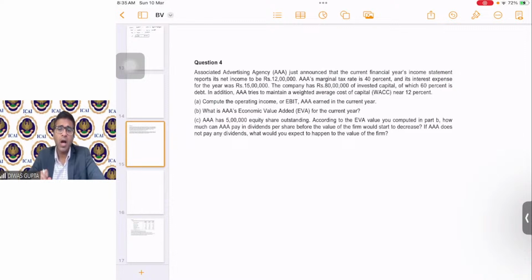which is very easy. How can we compute our operating income or EBIT? We have net income, which is as good as PAT. In that, if we add interest, we will arrive at EBIT, or operating income.